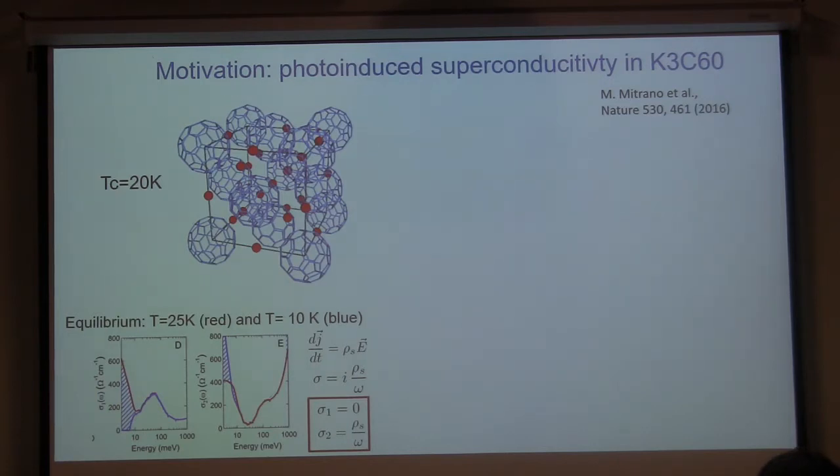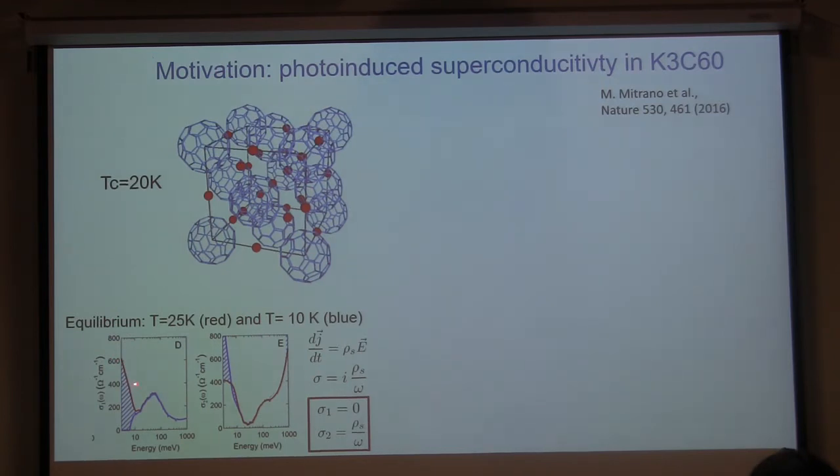One of the simplest ways of probing superconductivity is through optical measurements. You send light and measure the reflection coefficient, from which you can extract the real and imaginary parts of the conductivity. And this is the system in equilibrium. In the normal state, the real part of conductivity is finite at small frequency, that's just Ohm's law.